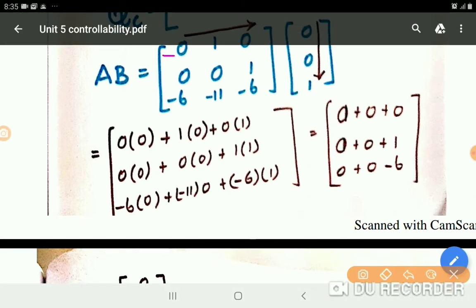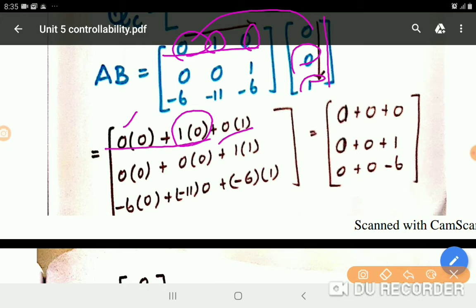With this, first row and then column. So 0 into 0, 1 into 0 plus 0 into 1, plus 0 into 1. So the first row and first column of AB is completed.